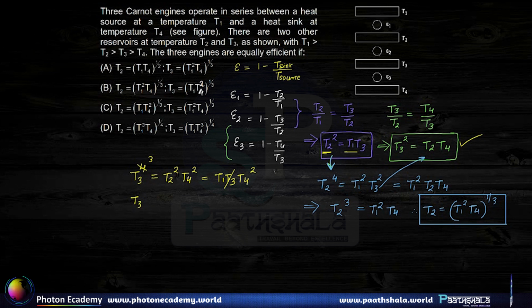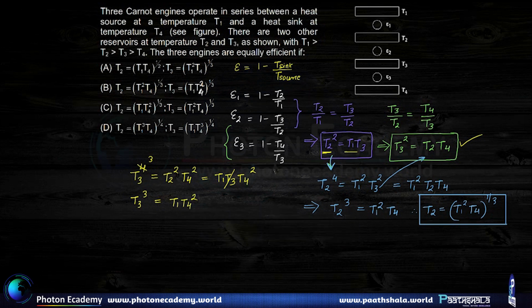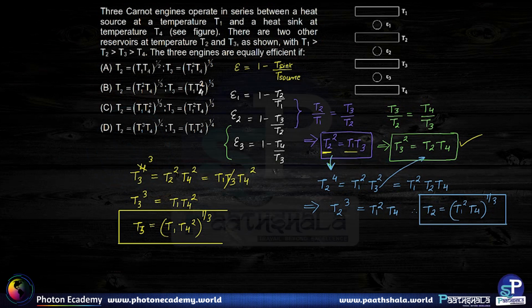So we get T3 cube to be equal to T1 T4 square, and thus we get T3 to be equal to (T1 T4 square) raised to 1 by 3. So this is the second part of the solution. So we again confirm that B is the answer.